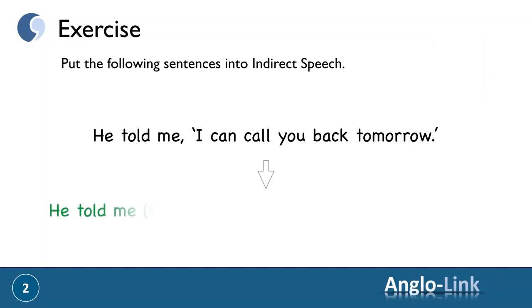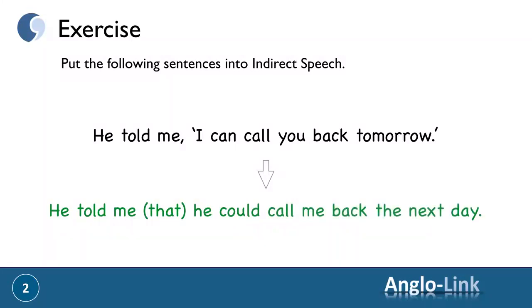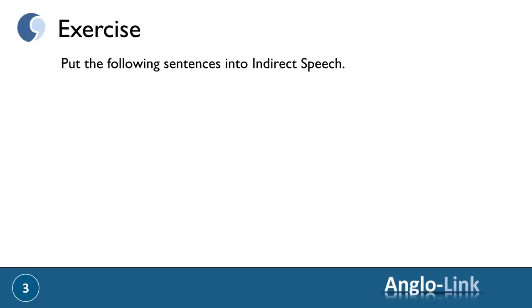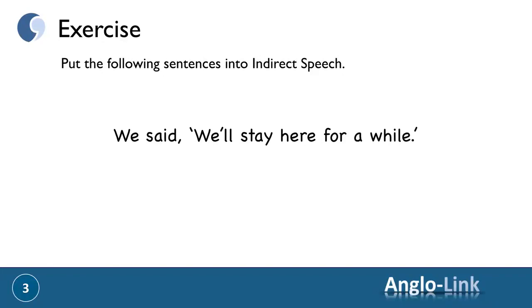He told me that he could call me back the next day. Number 3. We said, we'll stay here for a while. We said we'd stay there for a while.